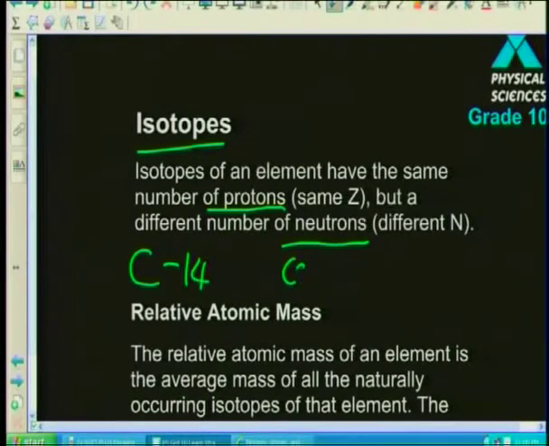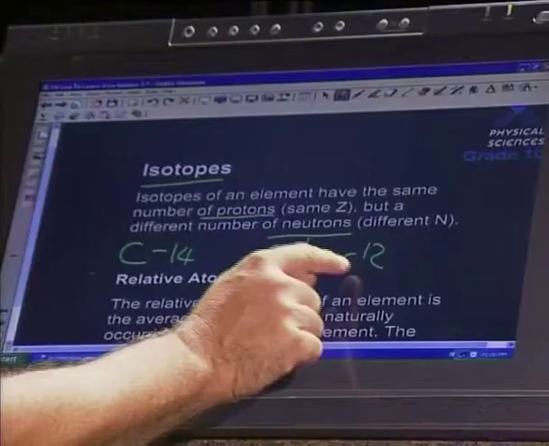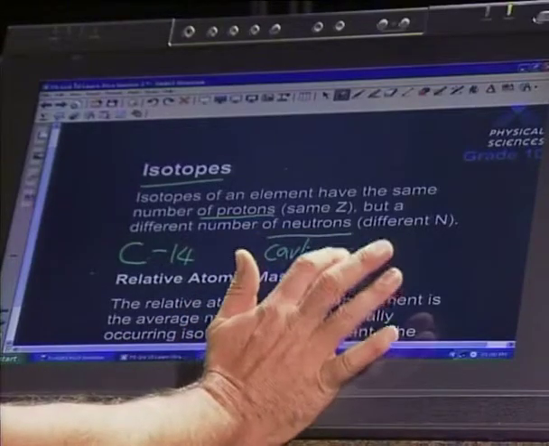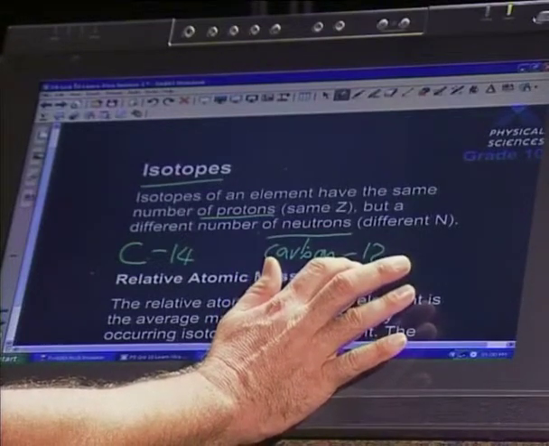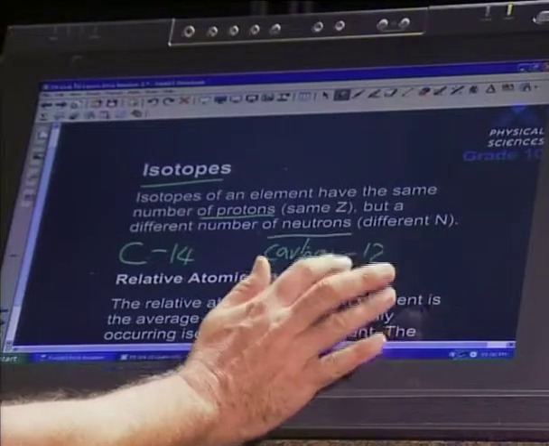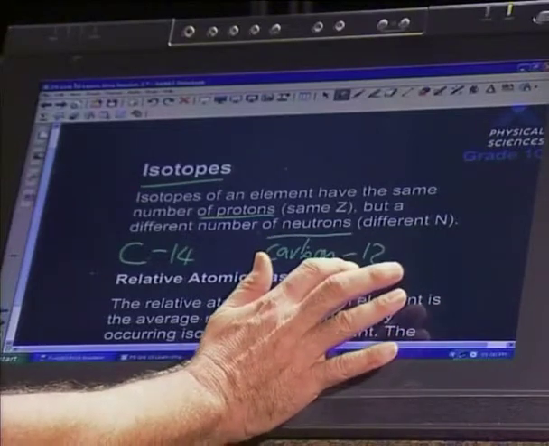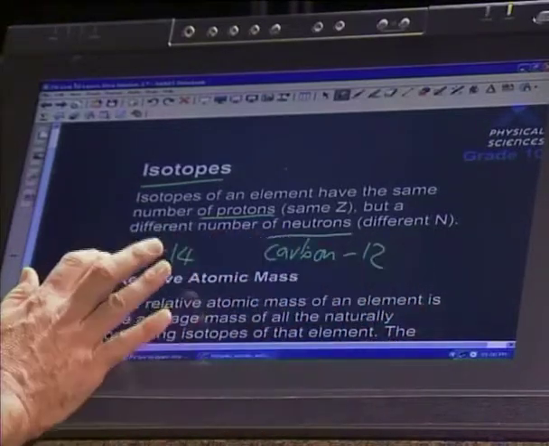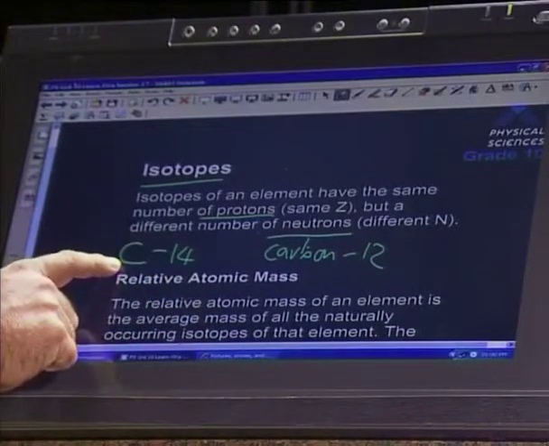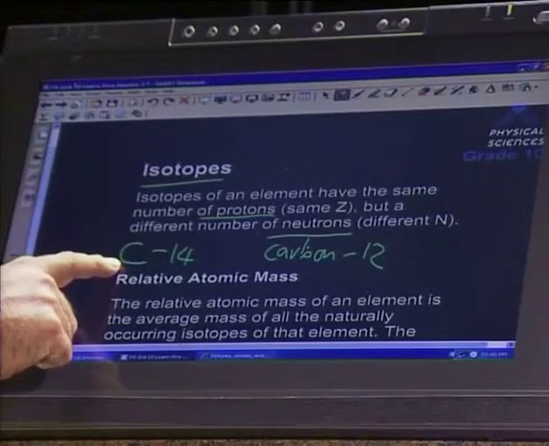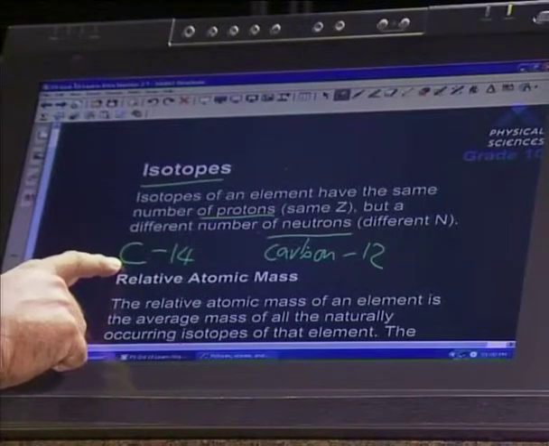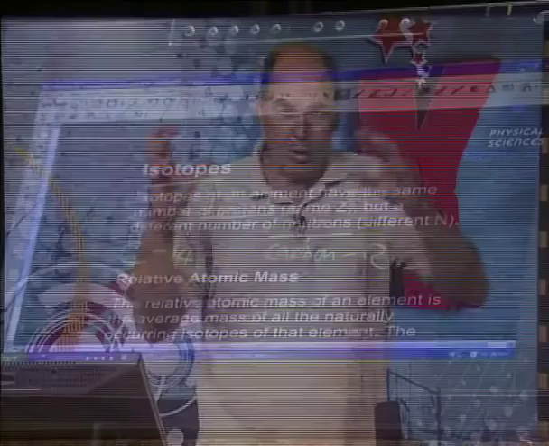We can say carbon 12. What do we mean when we say carbon 12? We're saying it's the isotope of carbon that has a mass of 12. All carbon has 6 protons. This is telling us we're dealing with those atoms that have 6 neutrons. This one is telling us we're dealing with carbon that doesn't just have 6 protons, it has 6 protons and 8 neutrons. Now, that might give us some problems.